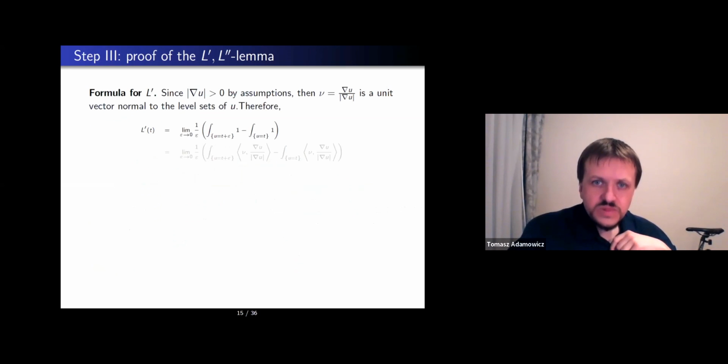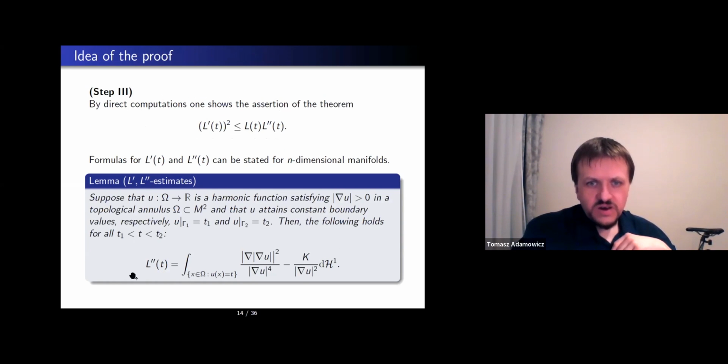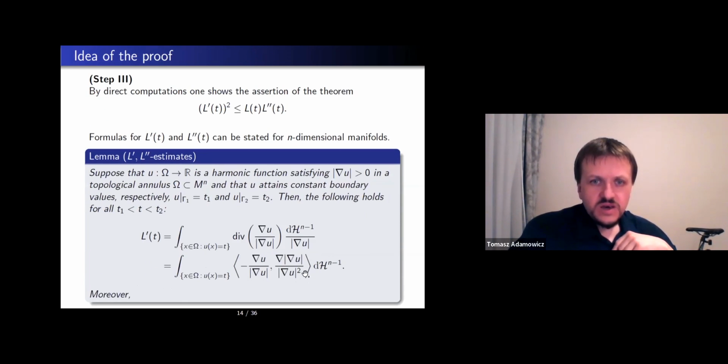And so by using this equality with these identities and some standard inequalities like the Cauchy-Schwarz inequality, we obtain this inequality, which is equivalent to the assertion that the logarithm of L second derivative is greater or equal than 0.